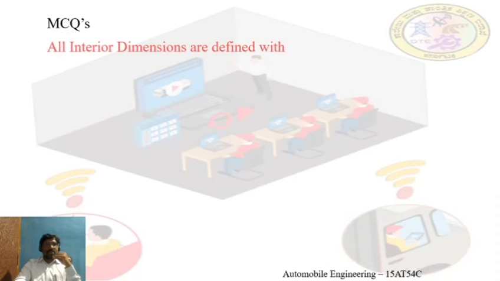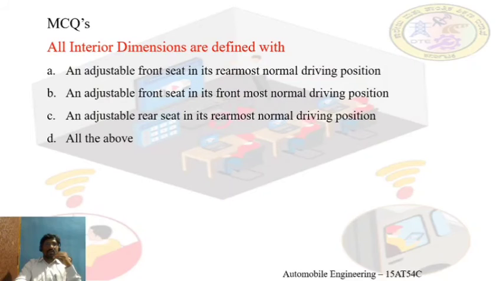Then the second question: all interior dimensions are defined with. There are four options: an adjustable front seat in its rearmost normal driving position, an adjustable front seat in its frontmost normal driving position, an adjustable rear seat in its rearmost normal driving position, all the above.